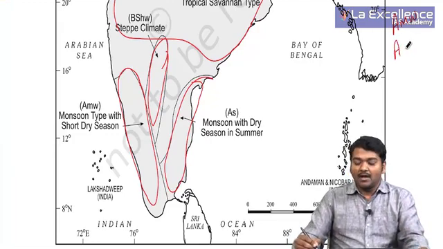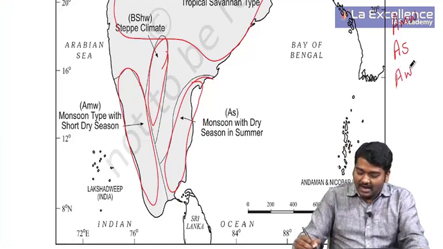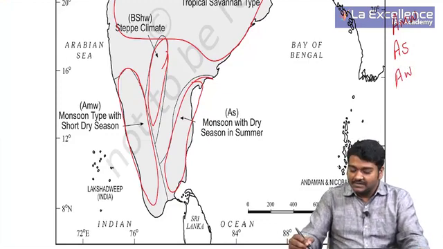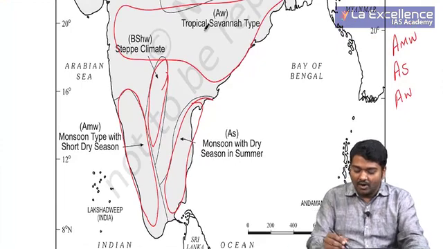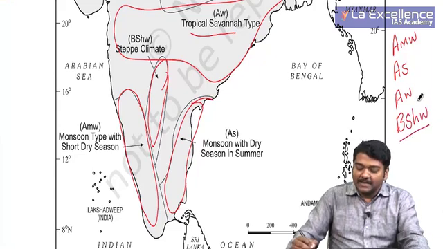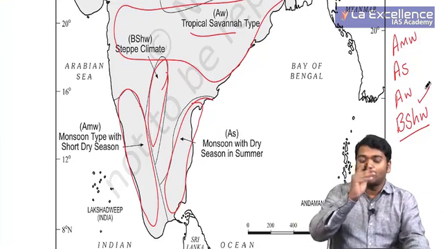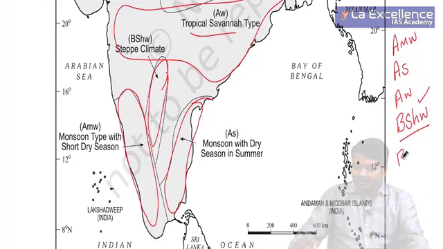Then we have semi-arid region or monsoon with dry summer. Then we have AW, which means savanna type of climate. Then we have BSHW, steppe type of climate on the leeward side of Western Ghats and also closer to Rajasthan. Then you have BWHW, we are talking about hot deserts.